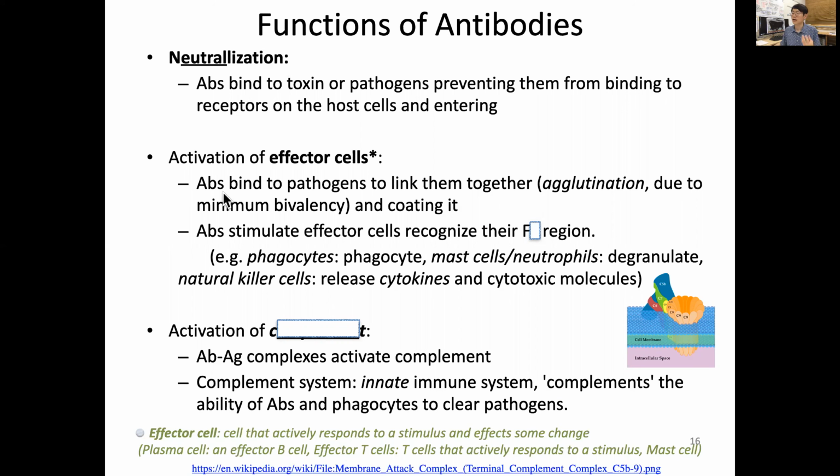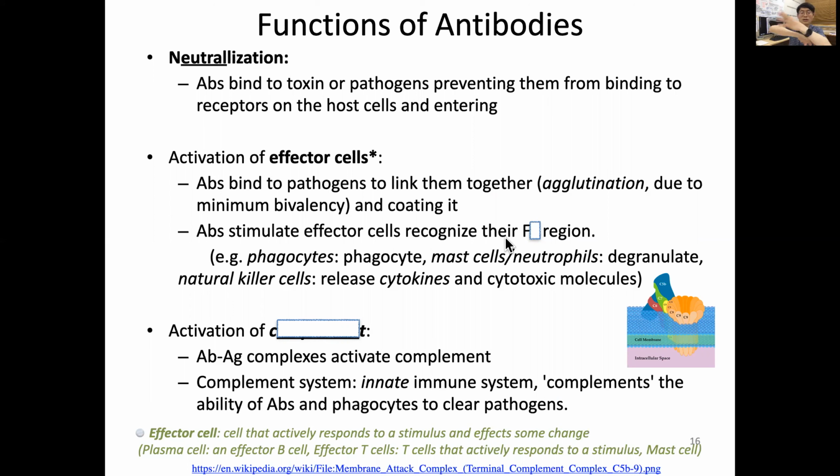So antibody binds to pathogens and links them together, and that we call agglutination, and coats them. These coated antibodies will stimulate our effector cells, which recognize their fragment, because the antibody binds to the pathogen with the antigen-binding site.